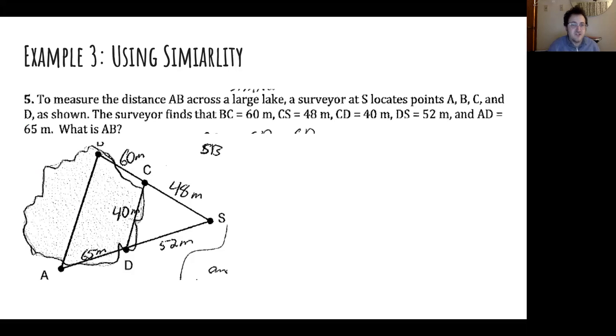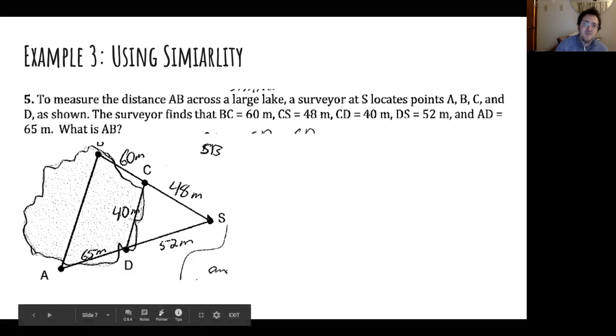Another type of problem that you're going to see is using similarity. So we say that these triangles are similar, so you're going to have to be able to solve. I really like this problem, and back when we were teaching in person, this was a staple in this lesson, and it's called the distance across a pond problem. There's a surveyor.